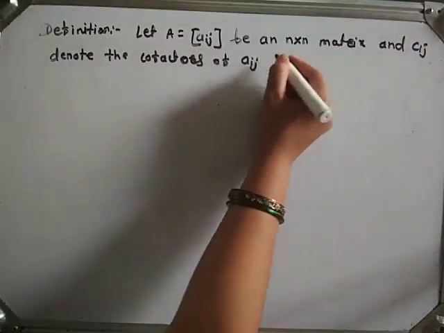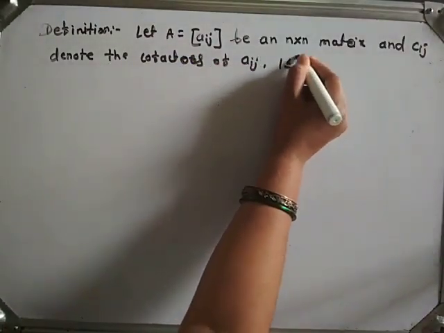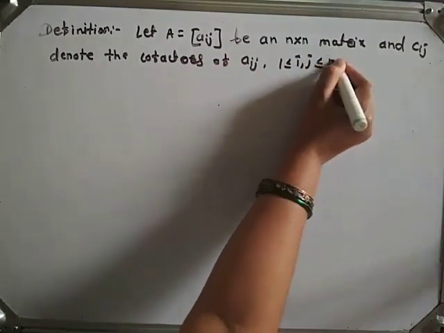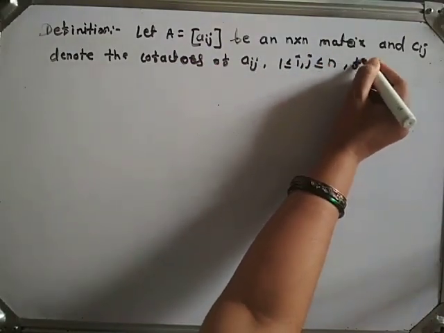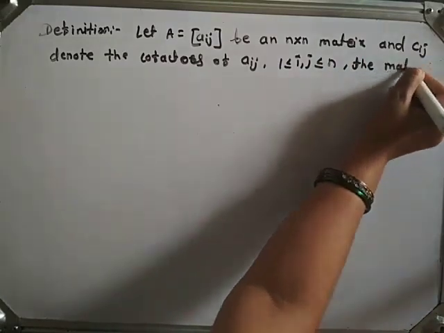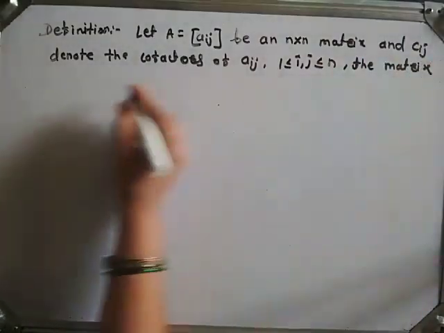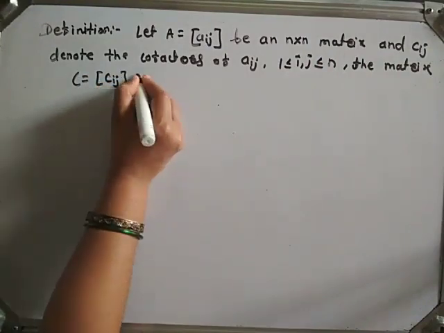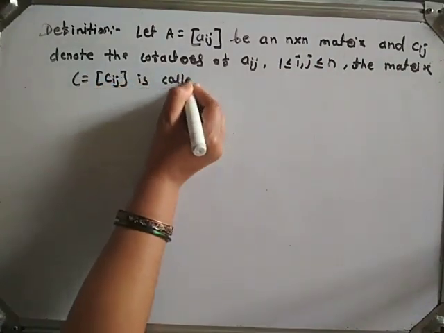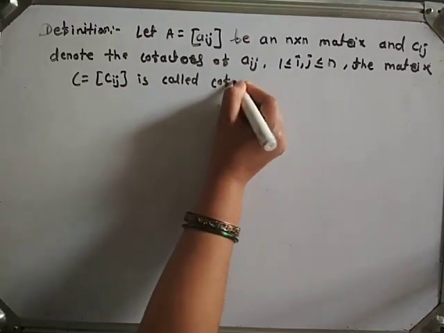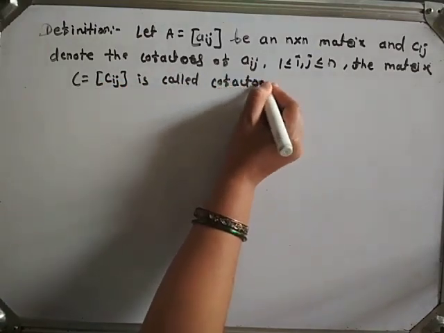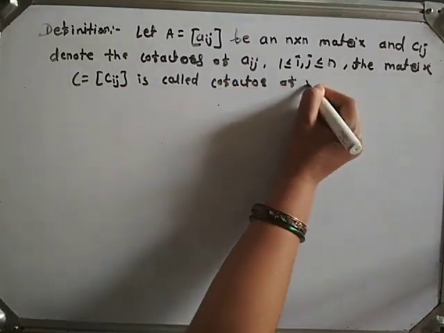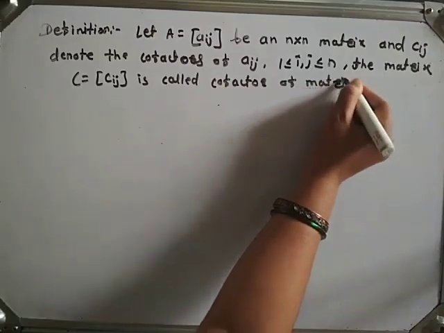Note the cofactors of Aij, for 1 less than or equal to i, j less than or equal to n. Then the matrix C equals matrix Cij is called the cofactor matrix of A.